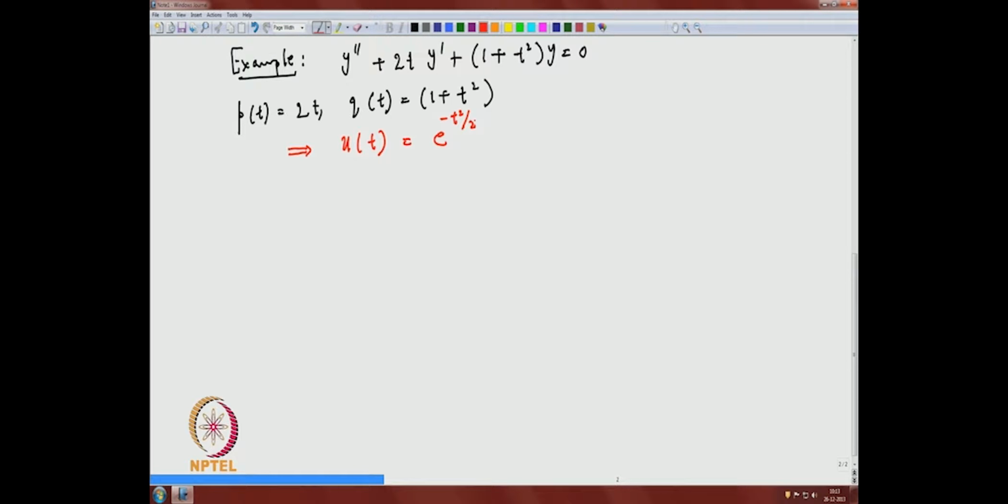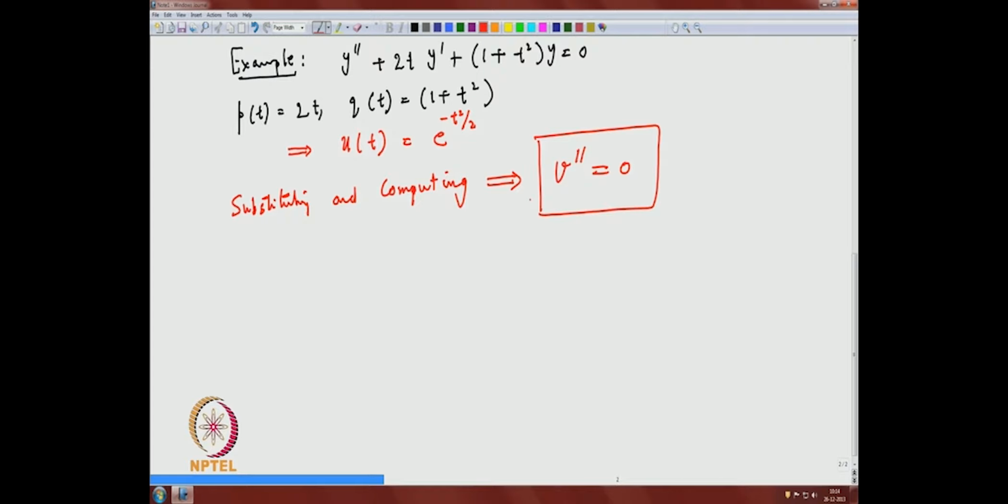Now, substitute, that is the easy part, substituting and computing. Let me avoid the computation here because one can do it easily. You can actually see that V double prime will be 0. This happens for this particular equation.